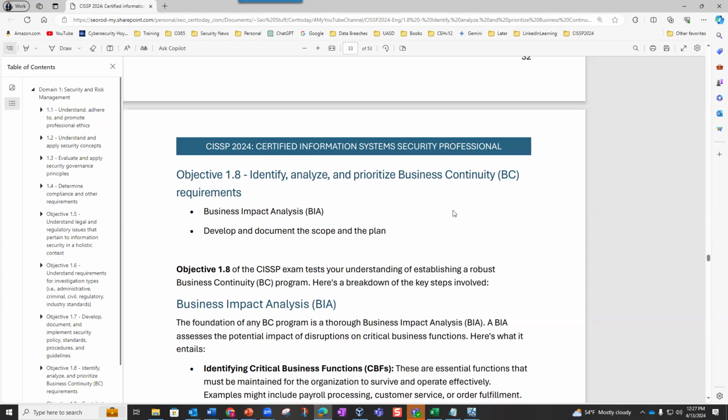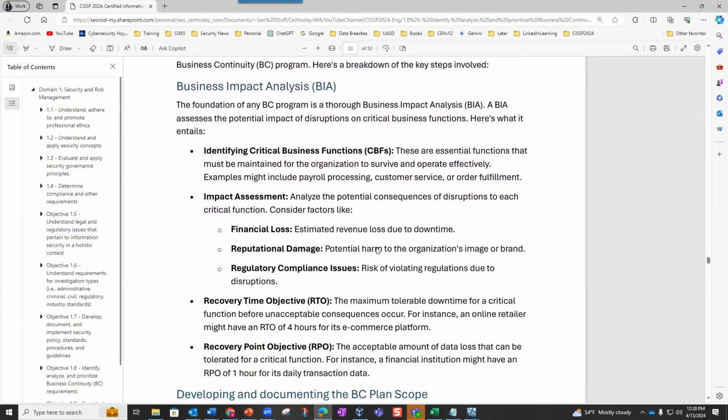Business impact analysis, or BIA. The foundation of a BC program is a thorough business impact analysis, or BIA. A BIA assesses the potential impact of disruptions on critical business functions. These are essential.